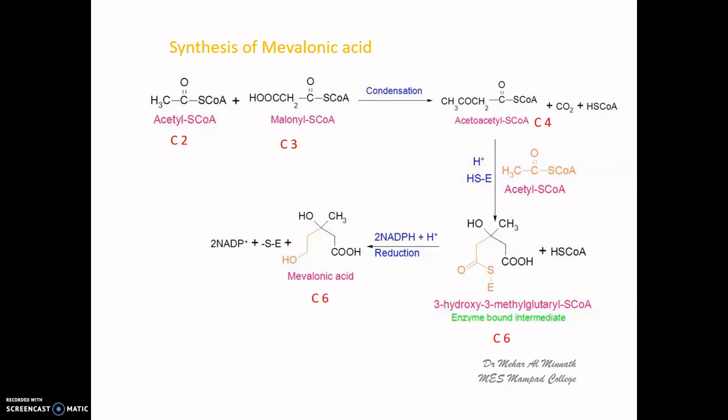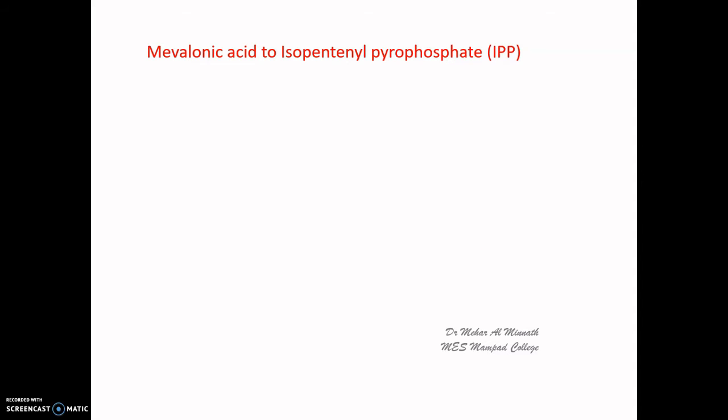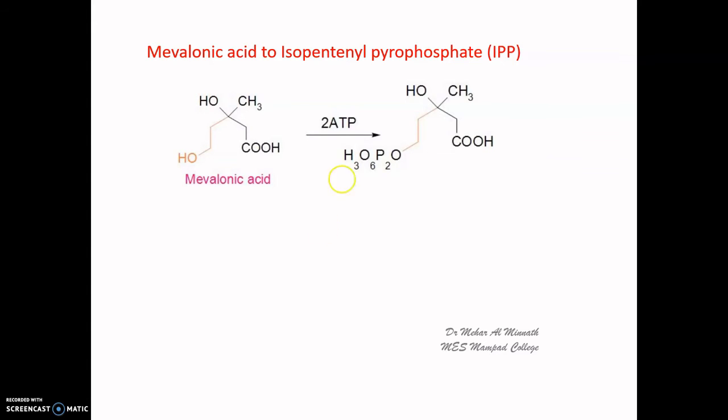Now in the second step we have the conversion of mevalonic acid to isopentenyl pyrophosphate. Now we have the mevalonic acid. In the presence of ATP molecules, it undergoes phosphorylation. So you get this phosphorylated compound.